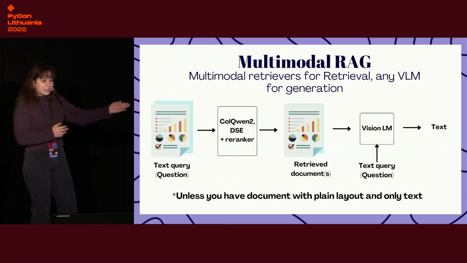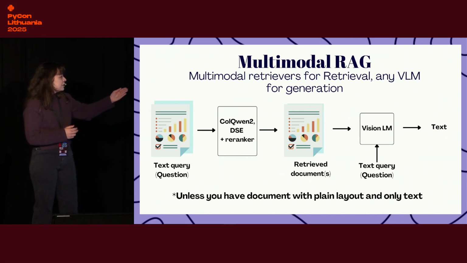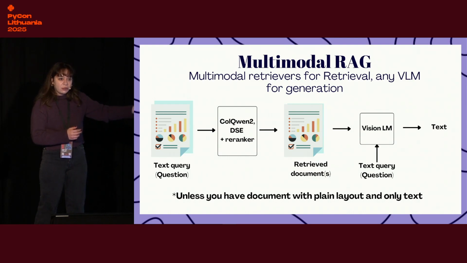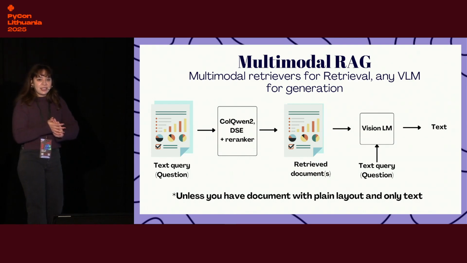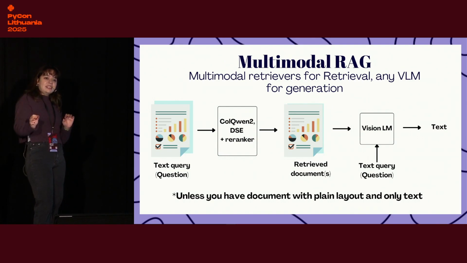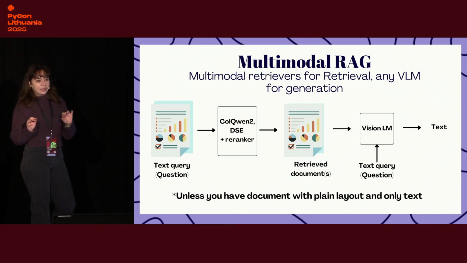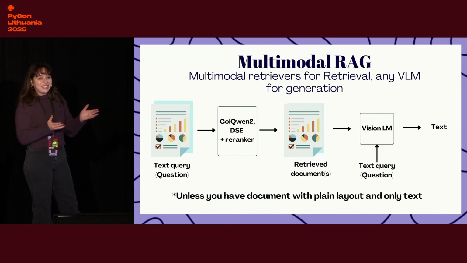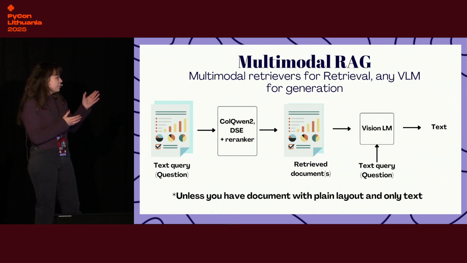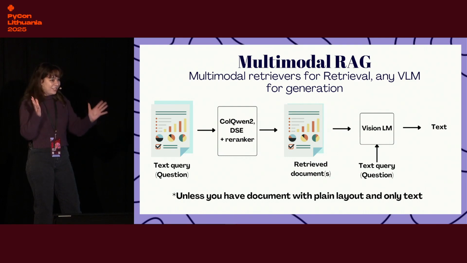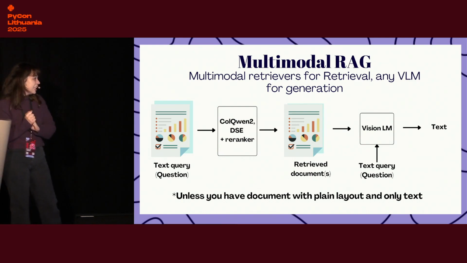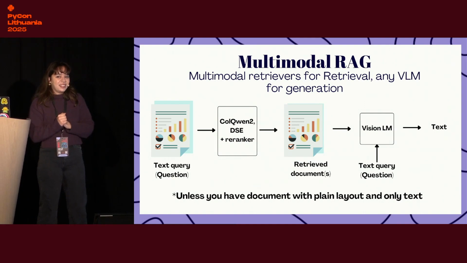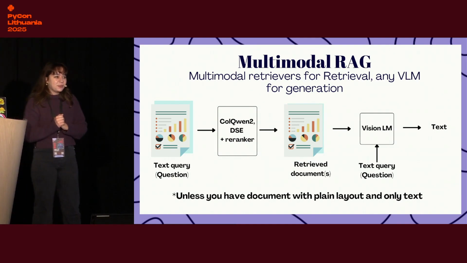And then you get the documents. You give this to a vision language model of your choice, and then you get the generated text. So you completely operate in image. You do not parse anything because you do not need to do that. The page that is returned to you is already a page, not a sentence or whatever. And it works very well. And it's not brittle, and it's fast.